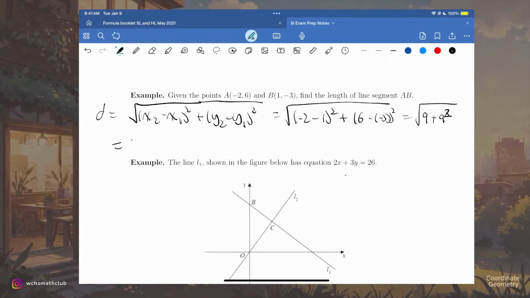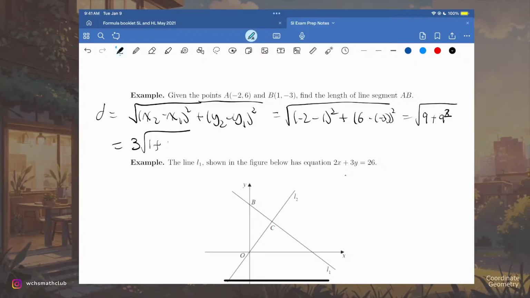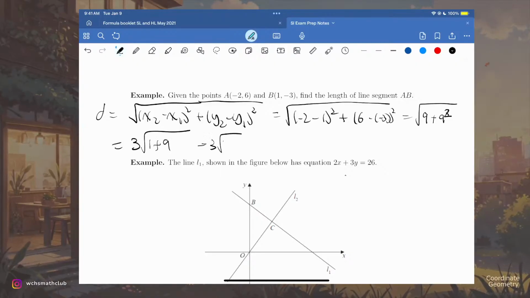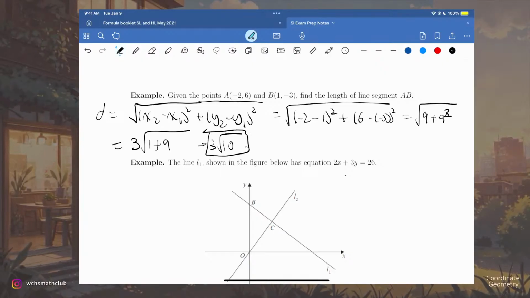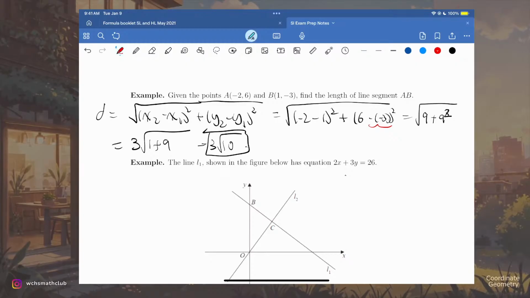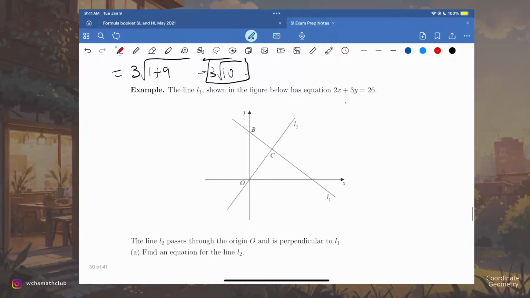So we get 3 times the square root of 1 plus 9, which is equal to 3 root 10. And this is your answer. As I said, with these signs, if you're not sure you won't mess up, which I've done on so many tests, add brackets around negative 3 so you don't forget something.